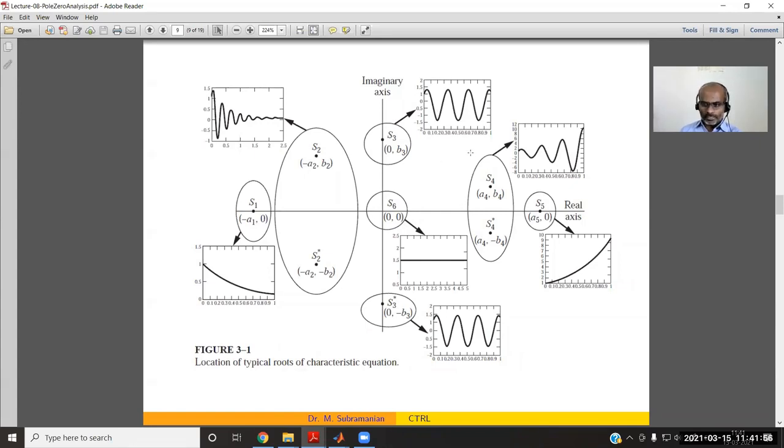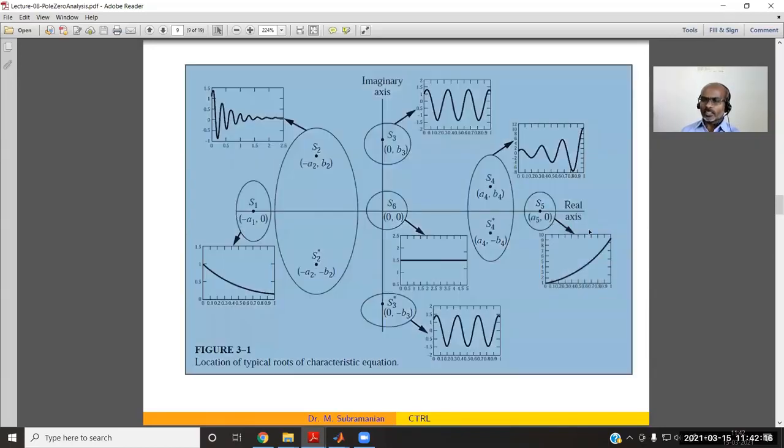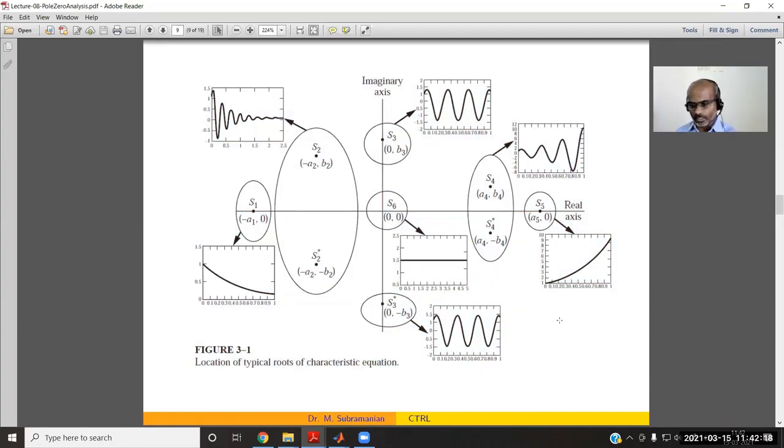If you have a system with a positive real number, we'll have a growing response. See, the response keeps on increasing. This is called an ever growing response.